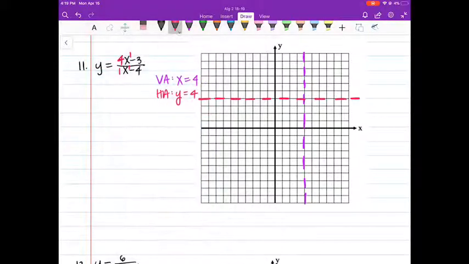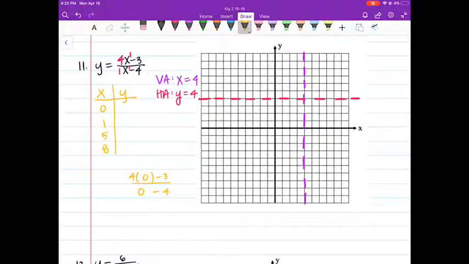Now I plug in values to the left and to the right of that vertical asymptote. So lucky me, I can plug in 0 and 1, so let's do that. And then to the right of that, maybe let's go 5 and 8. I don't know, doesn't matter. Plugging in 0, I have 4 times 0 minus 3 over 0 minus 4.